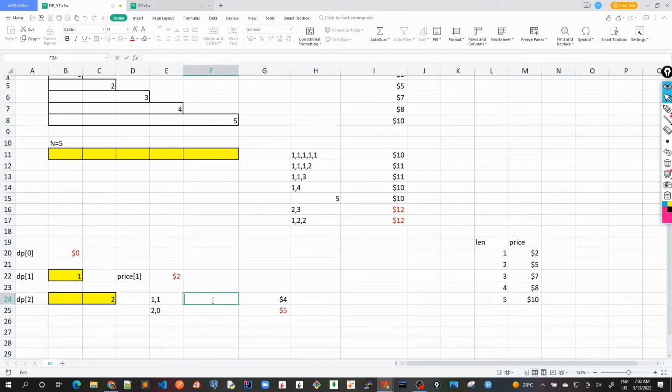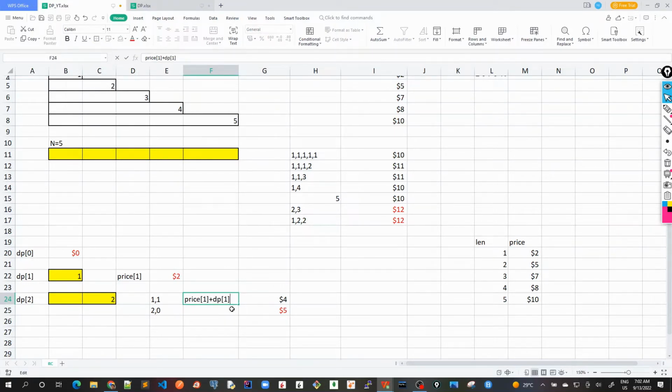Here we can similarly write this as price of 1, because this 1, we are getting it here, 1 1. And now we already know from our previous DP that the maximum profit we can get from a rod of length 1 is 2, which we have already calculated in DP of 1. So it can also be written as DP of 1.